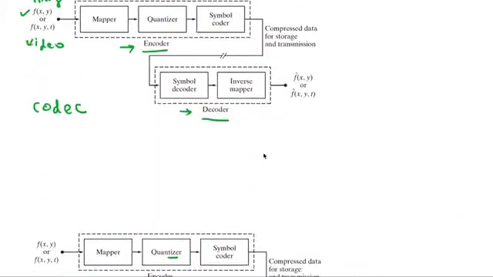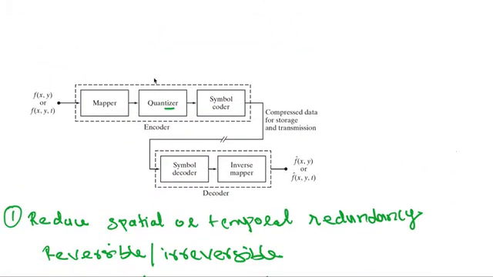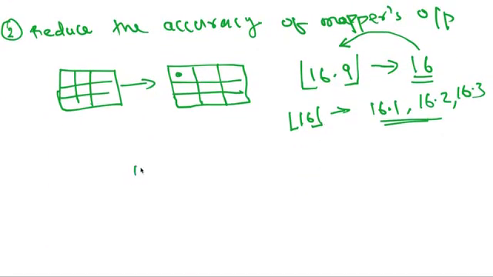Okay, so this step will not be present in error free or lossless compression, because in lossless compression, after the compression and decompression process, you will get the original image back. But if the quantizer is sacrificing some accuracy, then you will never get the original image back. So this is actually an irreversible process. So this can be done in lossy compression, but it is not recommended for lossless compression.